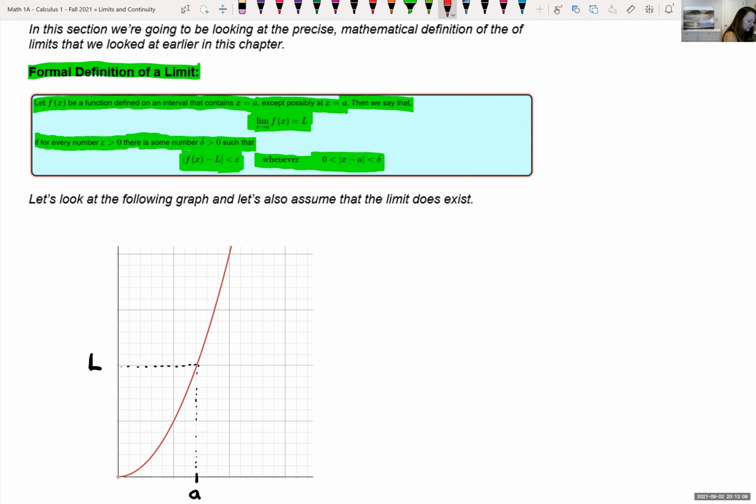So epsilon is some constant that we can either add to our y value of L, or subtract from our y value of L. So this value right here would be L plus epsilon, and this right here is the y value L minus epsilon.